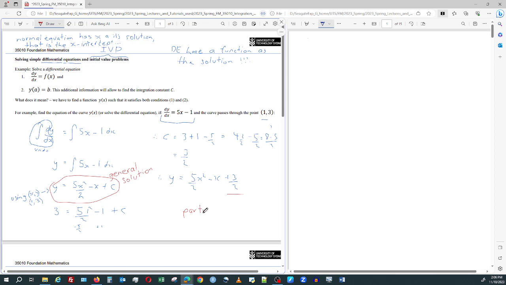I know it's language, but nevertheless, a particular solution. So we integrated it, solved for c using some pre-information, and we were able to do that.